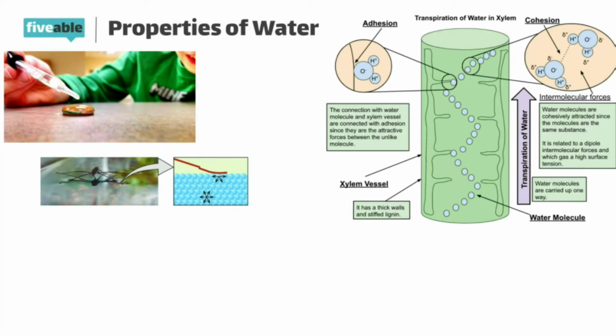Water is picked up from those roots and brought all the way higher into the center of the tree. It's traveling up, so pressure is decreasing, but it's got to get up to the highest point. Right, so it's defying gravity, and it's because of water's cohesion with itself and adhesion to the xylem that it can reach the top.